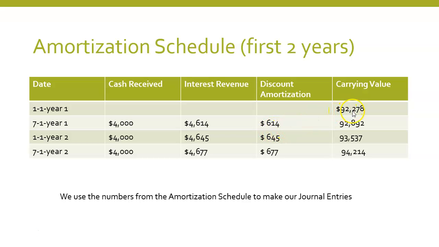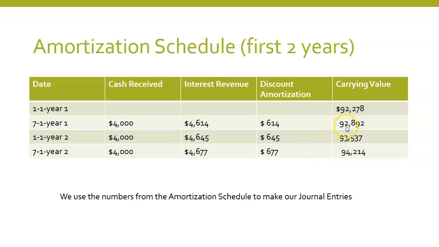614 is added to the previous 92,278, and that brings us up to 92,892. This is now our new carrying value at the end of July. Okay. Now, on January 1st of year 2, we'll again get another $4,000.